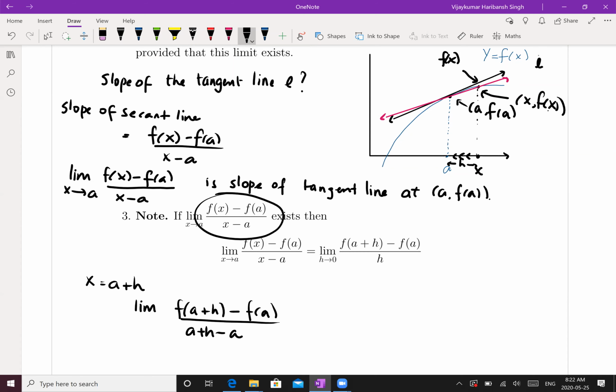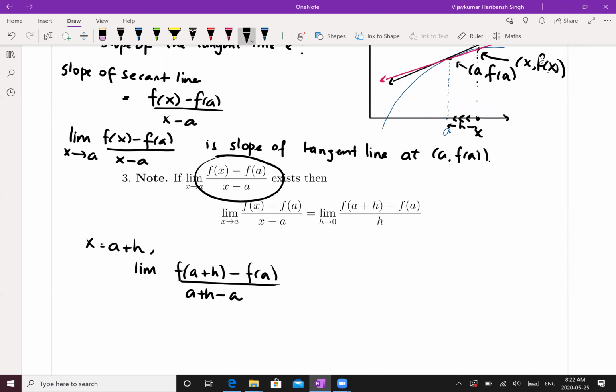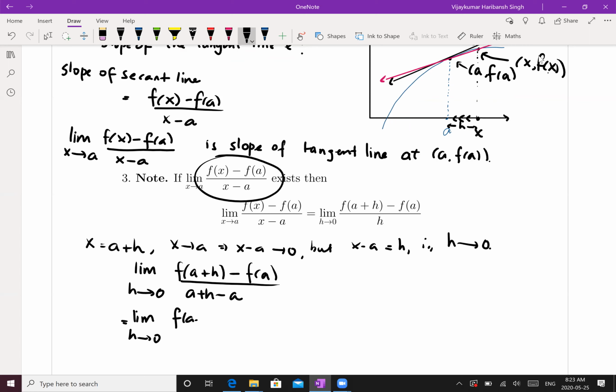So now let's see, what does it mean by limit as x goes to a? This means if x goes to a, that means x minus a goes to 0. But x minus a is equal to h. So that is the same as saying h goes to 0. So we'll replace this limit by limit as h goes to 0, and then you can rewrite it as limit as h goes to 0 of f of a plus h minus f of a over h.